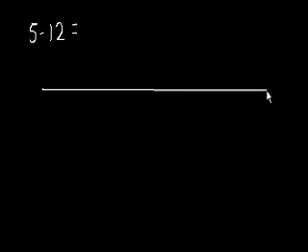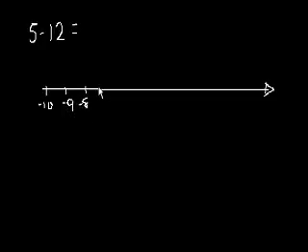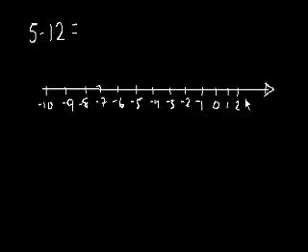Minus 10, minus 9, minus 8, minus 7, minus 6, minus 5. I should have this pre-drawn. Minus 4, minus 3, minus 2, minus 1, 0, 1, 2, 3, 4. And we'll put 5 right here.